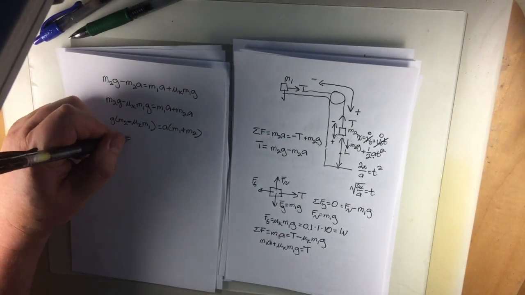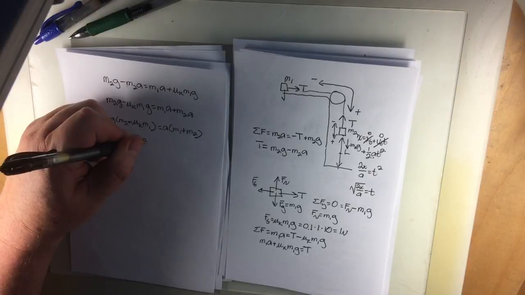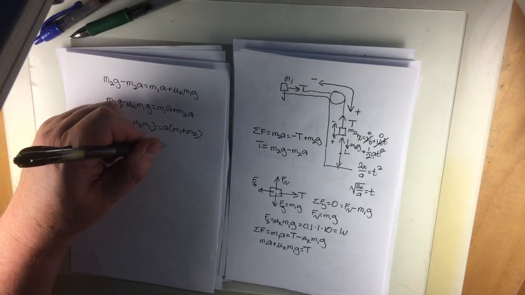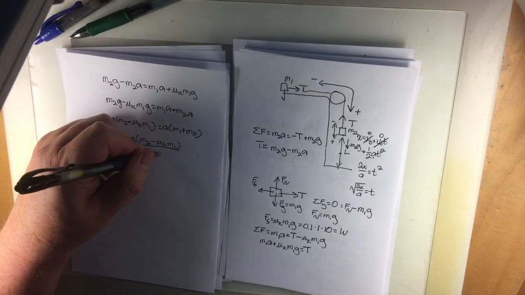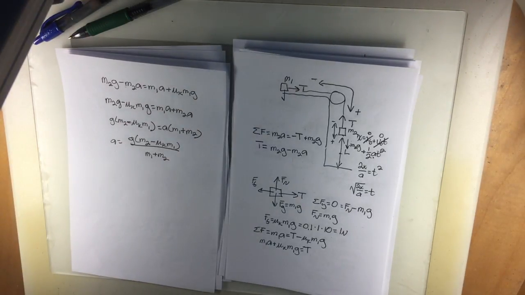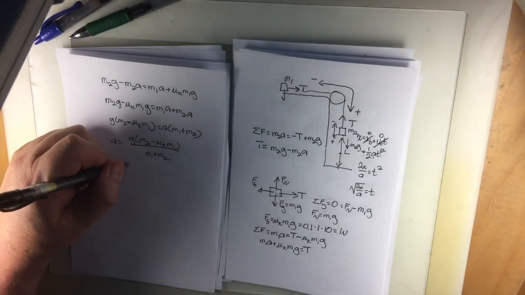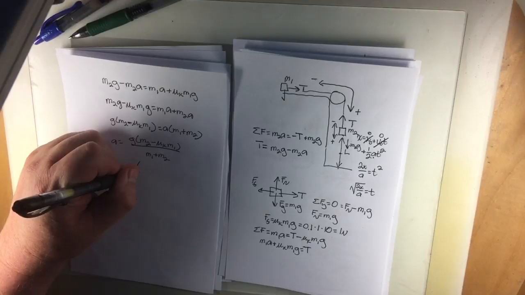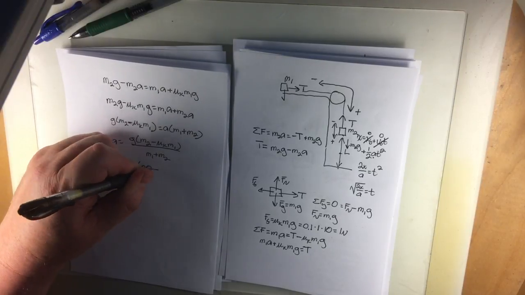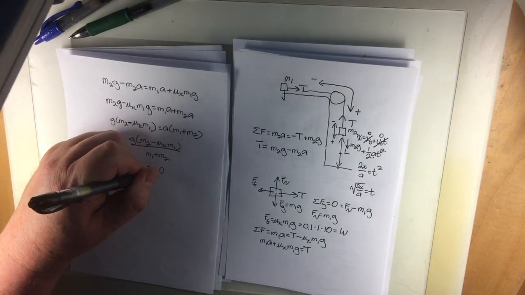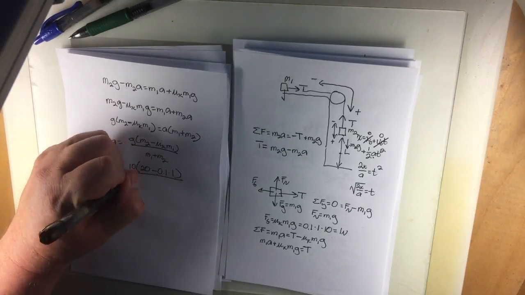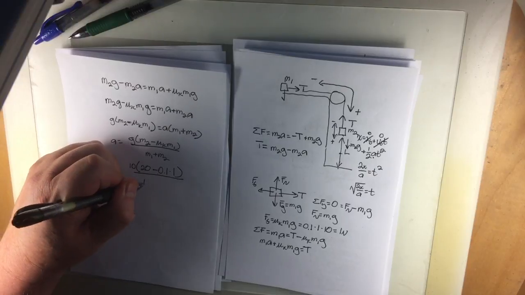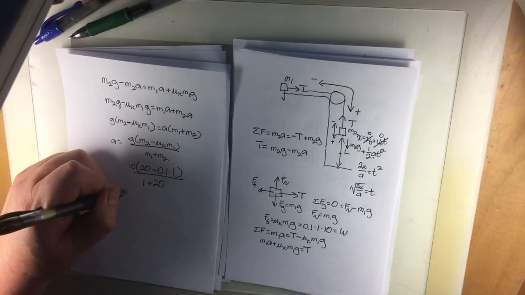So A is G times M2 minus mu sub K M1, divided by M1 plus M2. And that's the acceleration of the system. G is 10, M2 is 20, minus mu sub K, which is 0.1, times M1, which is 1, M1 is 1, M2 is 20, and so that's it.